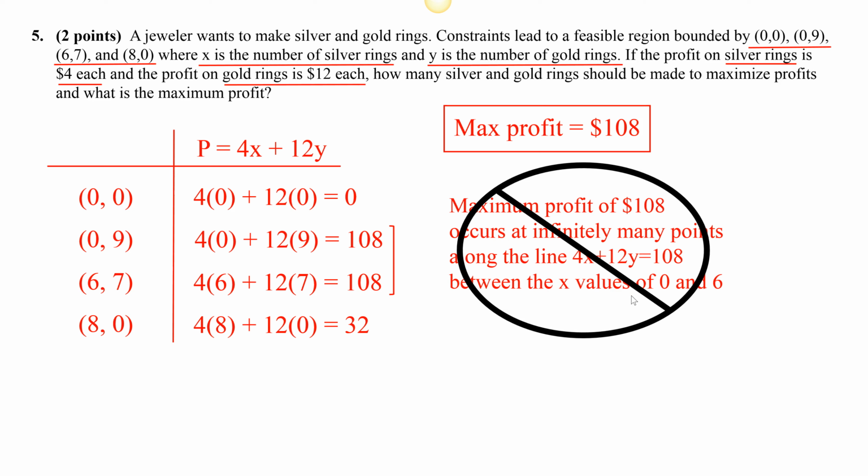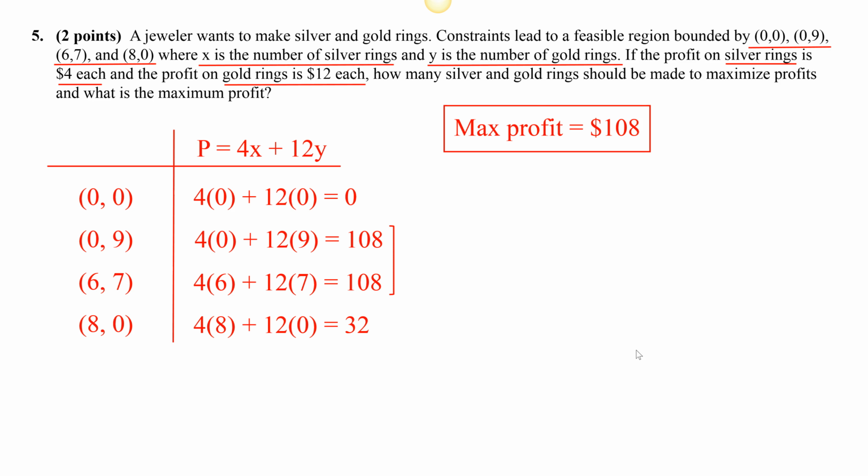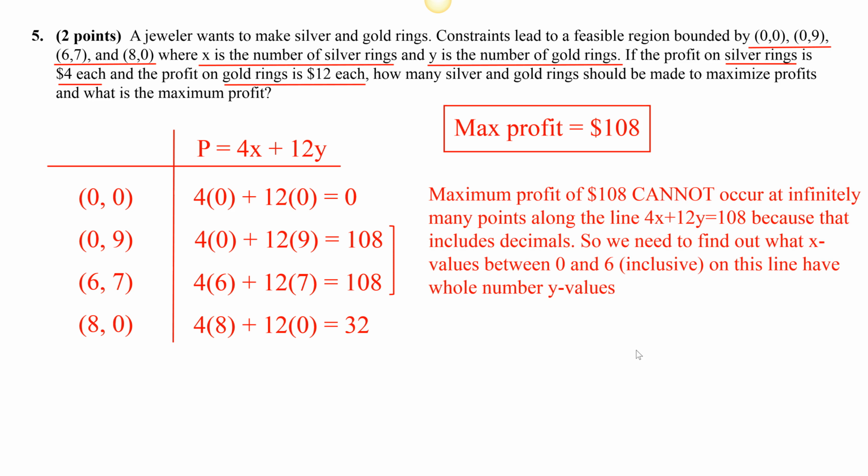And I want to tell you, the reason it's not correct is because we are dealing with a real life situation, okay? And in real life, you cannot have decimals. So the maximum profit of 108 cannot occur at infinitely many points along this line because that includes decimals, okay? We need to find out which x values between 0 and 6 on the line have whole numbers for their y values, okay?